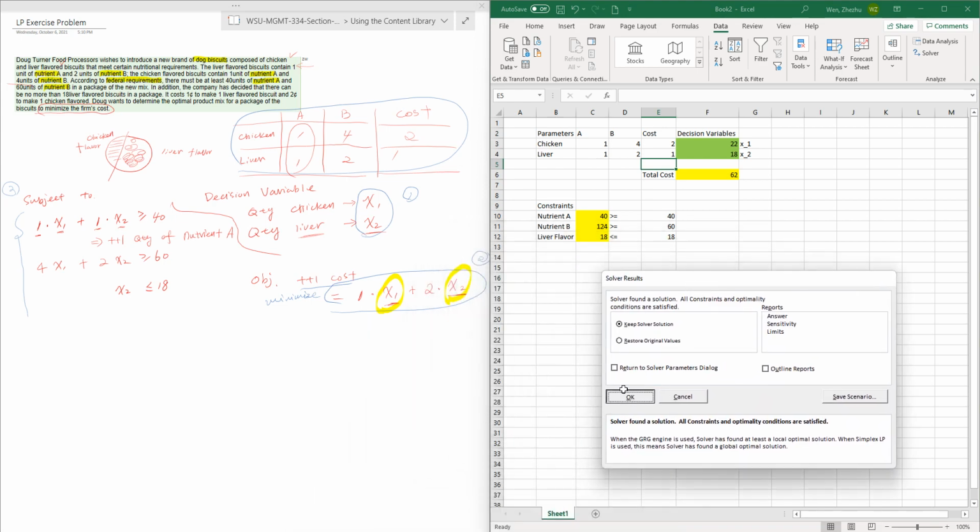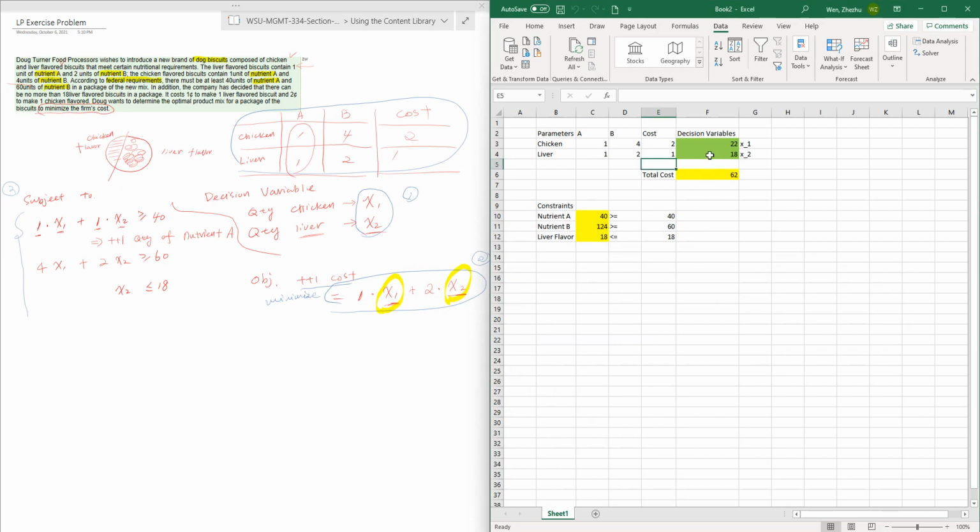Okay, so now it looks more normal and natural. Did it violate any constraints? 40, 124, 18, it didn't violate any constraints. Yet we believe this is still our optimal solution.